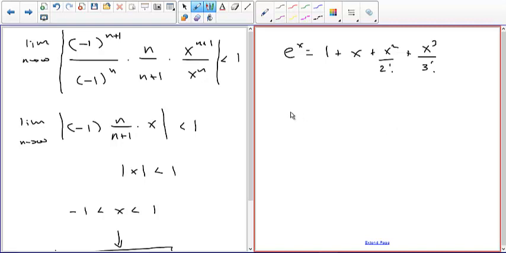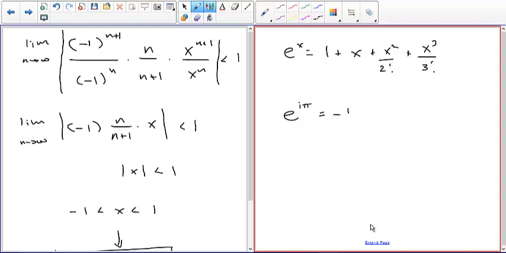So if I asked you to evaluate what is e to the i pi, does anybody know what that's equal to? -1, right? Okay, it is.